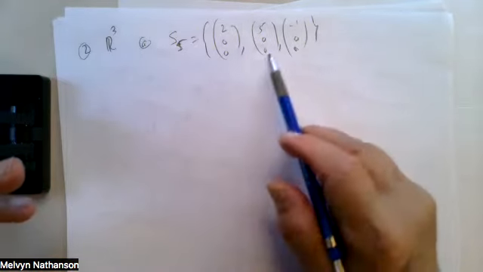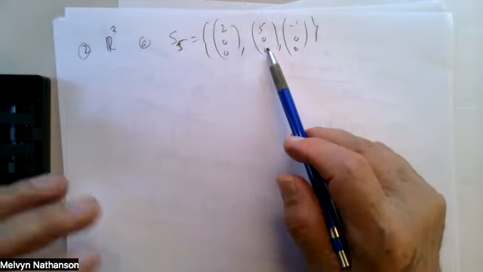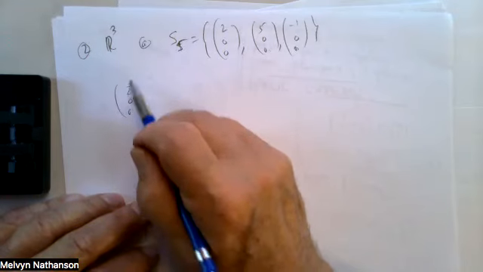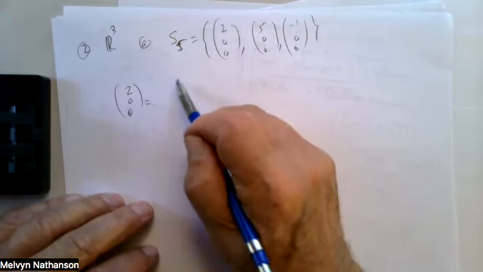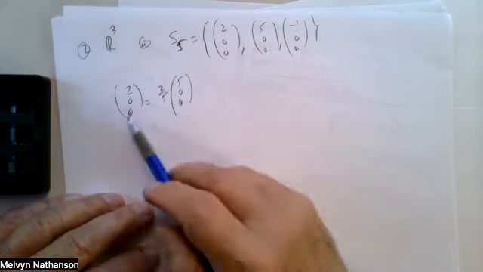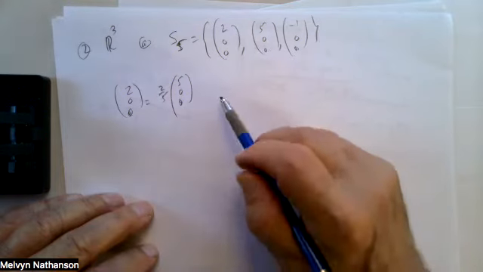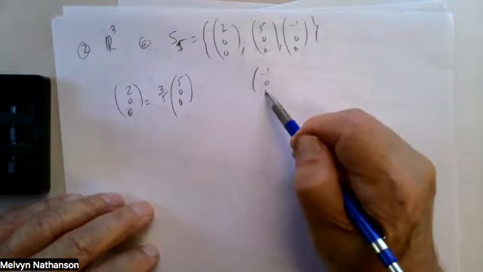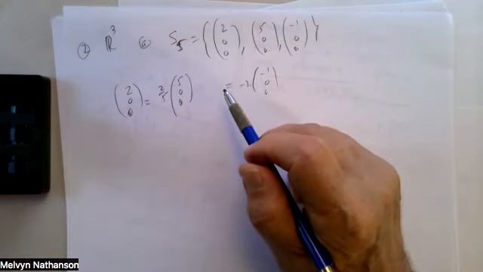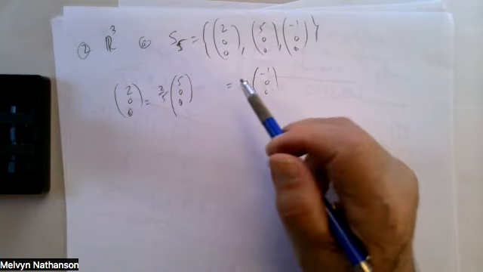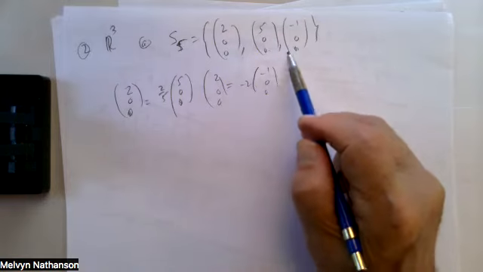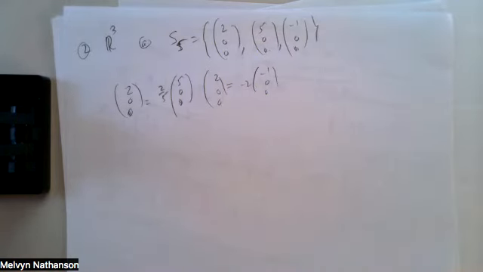And if you look at this, you see each of these vectors is a scalar multiple of every other vector. So for example, (2, 0, 0) is, if you take the vector (5, 0, 0) and multiply it by 2/5, what you get. Or if you take the vector (-1, 0, 0) and multiply it by -2, you also get (2, 0, 0). Each of these vectors is a scalar multiple of the other.